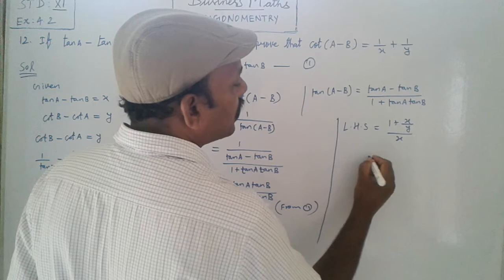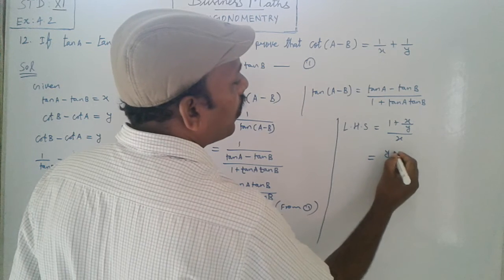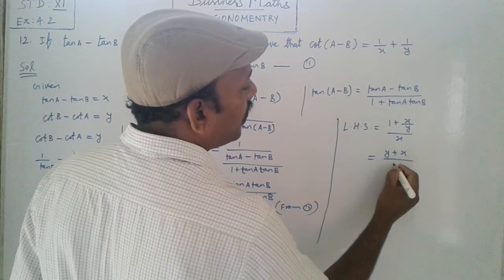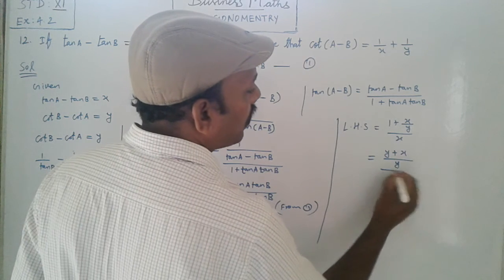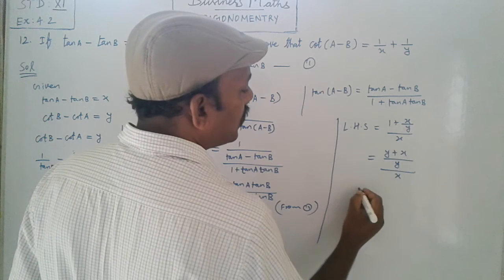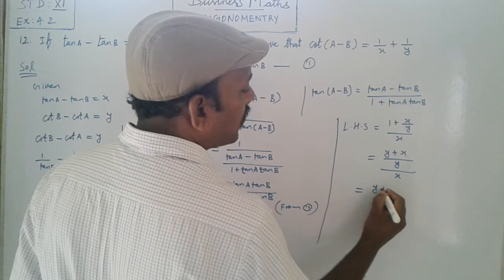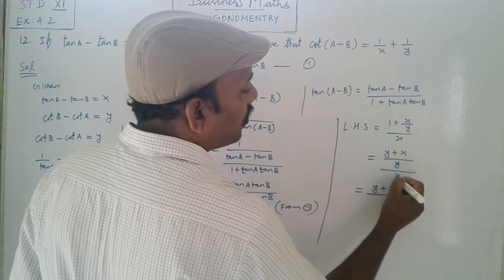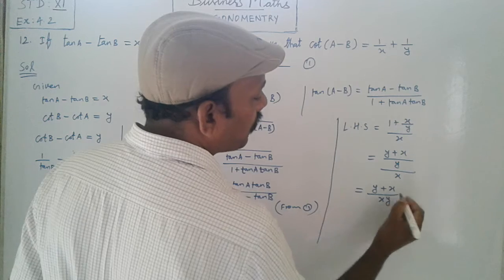Now cross multiply here, take the LCM. 1 into y is y, plus x, whole divided by y, divided by x. We should take down here y plus x divided by y into x is xy.